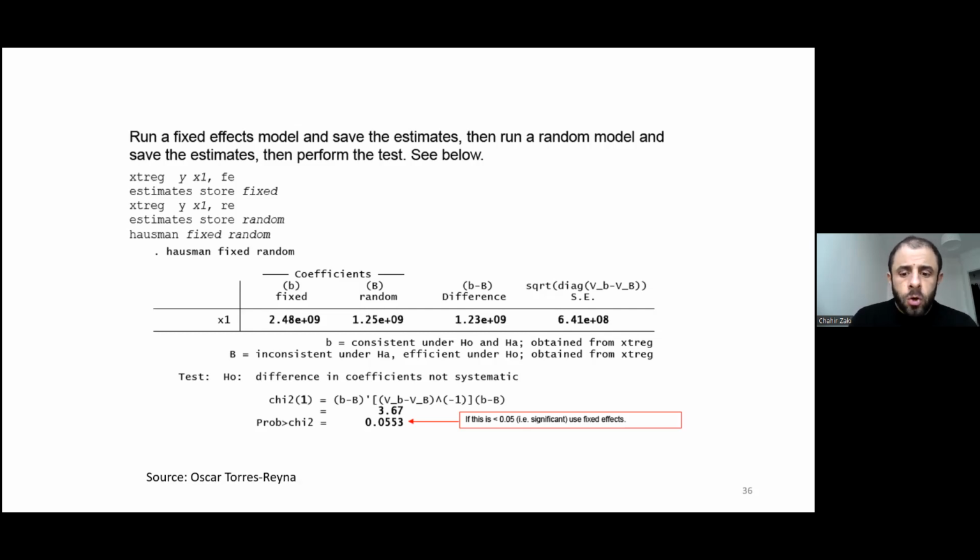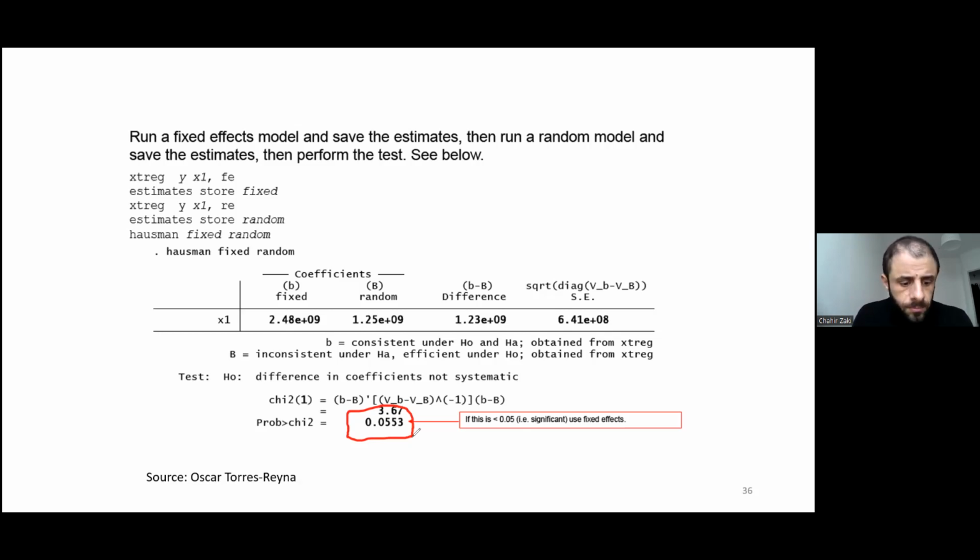Okay, so if we reject the H0, then this means that they are correlated, and if they are correlated, we have to use the fixed effects. So based on these two estimates that I have shown for the fixed and for the random effects, here we have to use the fixed effects because the probability of the test is significant, which means that the fixed effects gives consistent estimates, but the random effects will give inconsistent estimates.